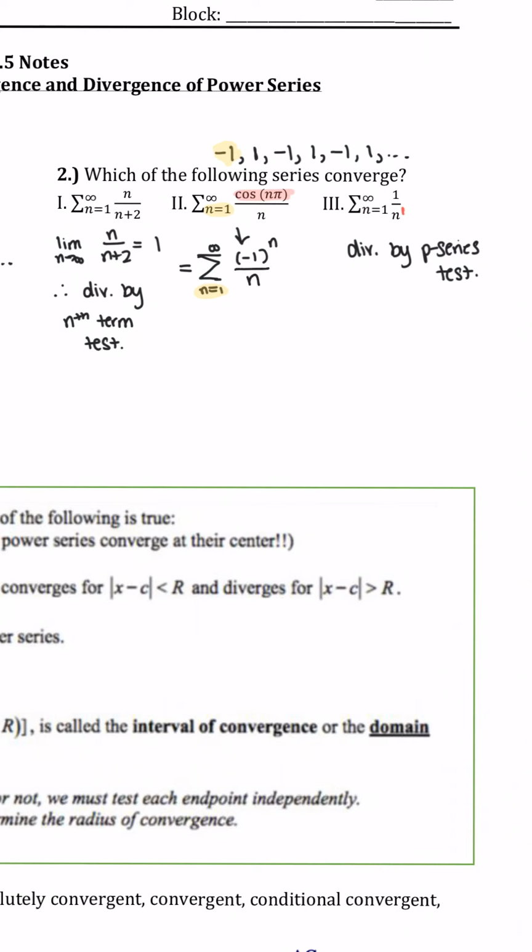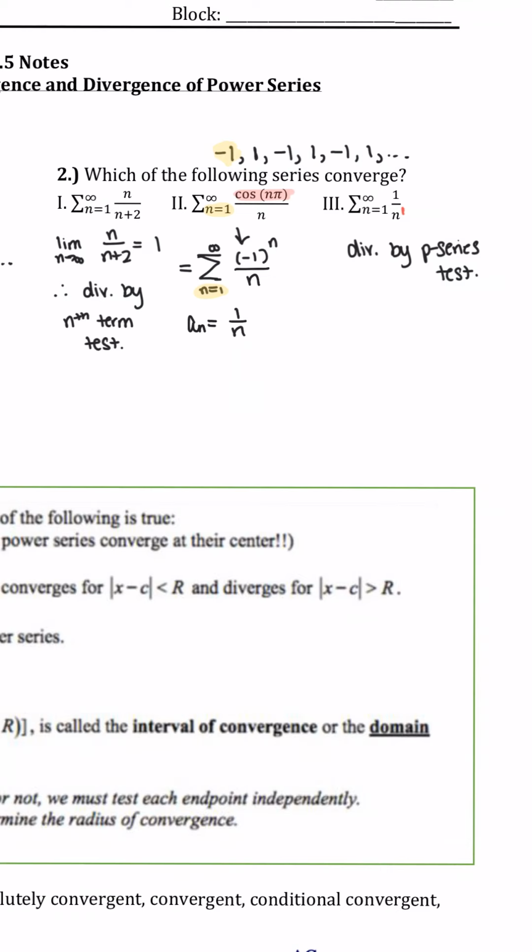Perfect, over n. All right, so now since I have an alternation here, I'm going to start with the alternating series test. If you remember, what you need to check is that if you ditch the alternation and just consider your rule without the alternation, it needs to be decreasing every single term.